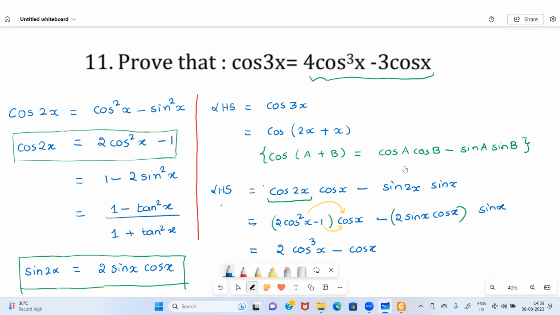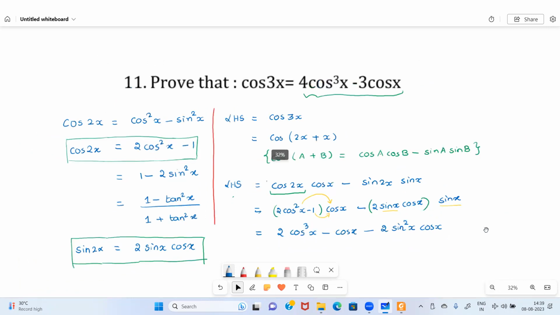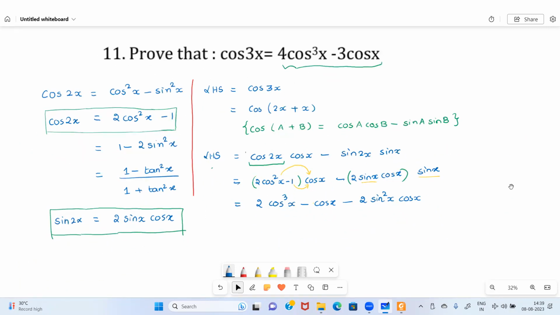Then we multiply sin x with the sin x. So that gives you 2 sin square x into cos x. Please observe, students. So far, is it clear to you? Okay. Now, so let me write the first two terms as it is.